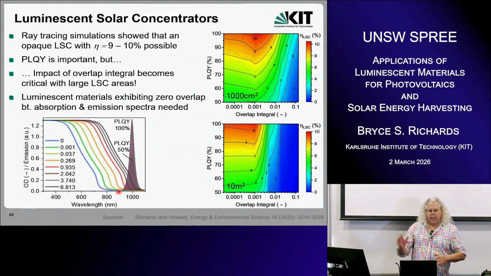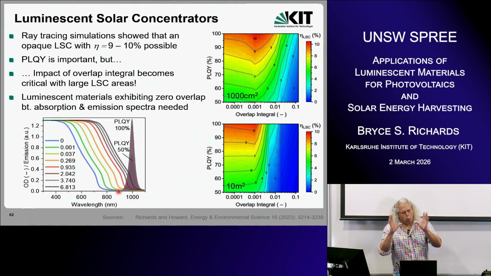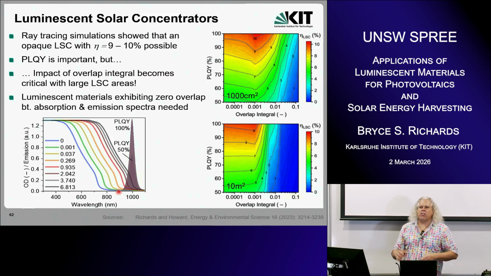And all I did here was, the material was a perovskite, and then I artificially shifted the absorption band just to create a different overlap integral, okay? So it has origins of reality, but I have faked some of those steps. But just to point out here that the green band, which your eye would say there's no overlap at all. Yes, this is the kind of material that you need.